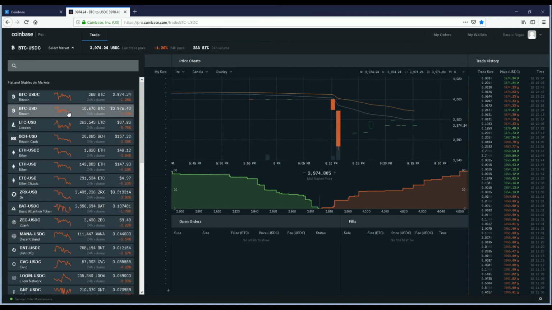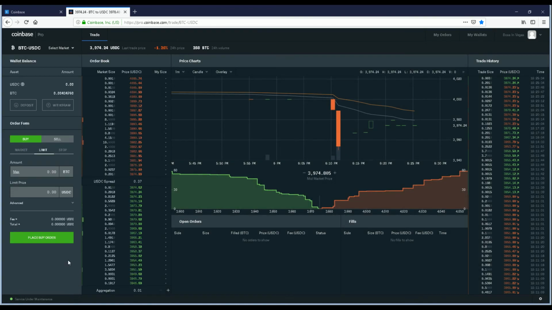They all have a downswing at the end. So that's what I'm saying: when Bitcoin goes down, the rest of them will go down with it. Bitcoin is the main coin, and I think the market represents that right now. So anyways, that would be how you place a buy order.